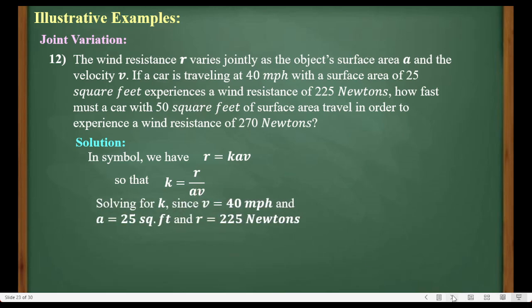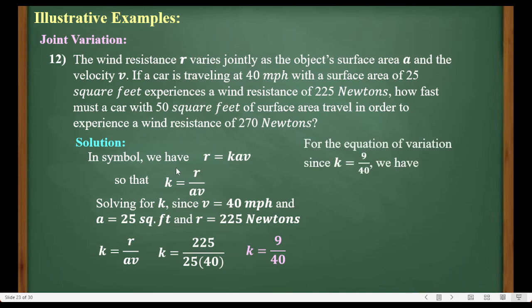Then, using the initial values of R, the wind resistance, and the surface area together with the velocity, these are 40 miles per hour, 25 square feet, and 225 newtons respectively. Okay, plugging in these three values to this equation, we have K is equal to 225 over 25 times 40. Simplifying this side, our K would be 9 over 40.